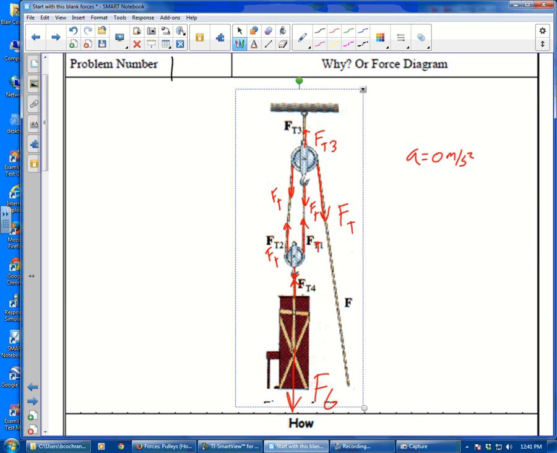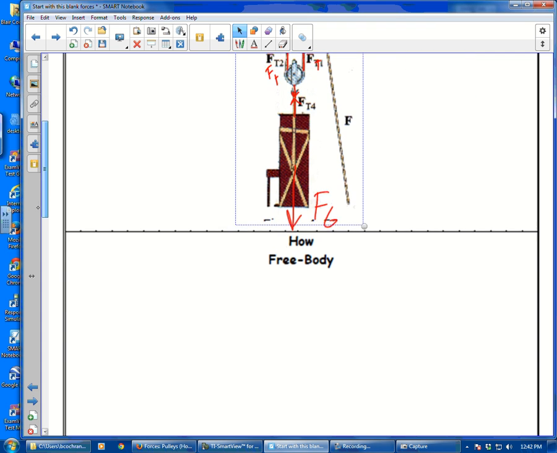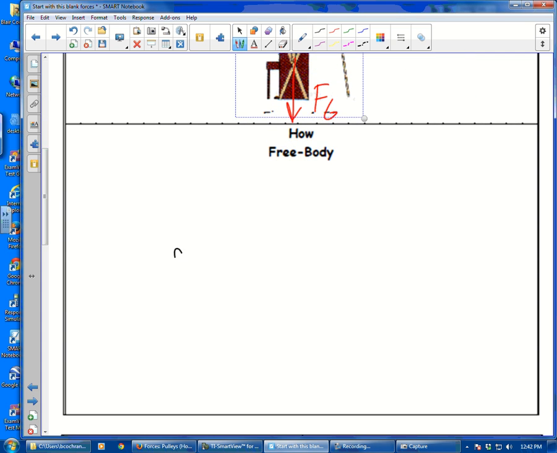Alright, so they want all of these in terms of mg, right? So I should do free bodies. Let's see, which ones they want to know? If I do a free body of the piano, I have that bottom pulley and that top pulley. Yeah, I'm going to do all the free bodies. Alright. Let's do 3 free bodies. Piano, bottom pulley, top pulley.